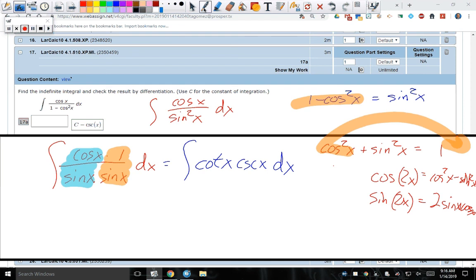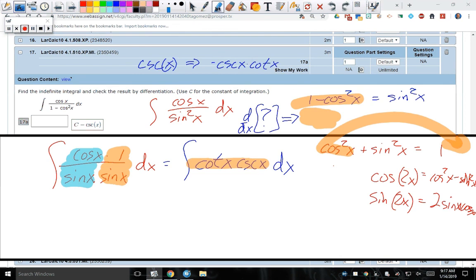What would we have to take the derivative of in order to get this as an answer? Do you remember from those 6 trigonometric derivatives that you memorized? What did we take the derivative of that would get us cotangent cosecant? Negative cosecant. It would have to be a negative cosecant because, from memory, and this is where the negative mistakes come into play, if I take the derivative, I get negative cosecant cotangent.